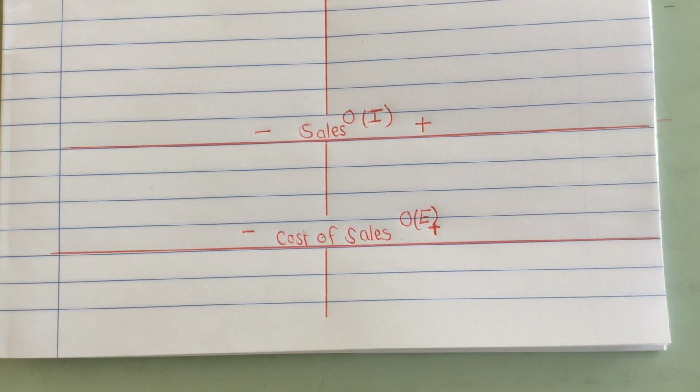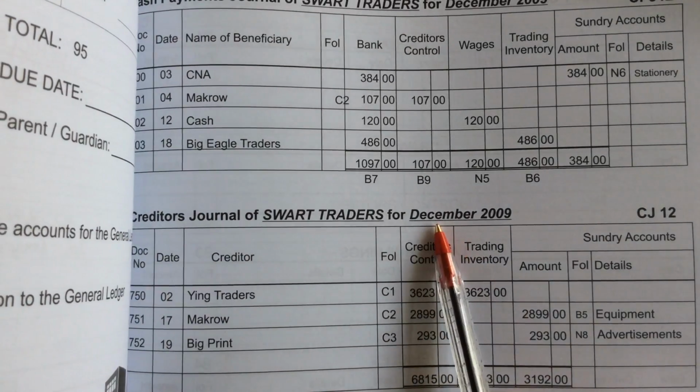Fill in opening balances. Now, there are two things that you need to remember here. First of all, your opening balances are always put in on the first day of the month. If you're not sure what month we're using, just look at the journal's month, and that is the month. So this one did tell us it's for December. It didn't need to tell us because all my journals are done for December.